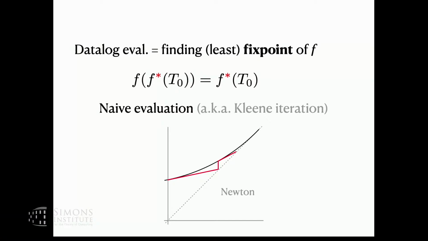The chances are this takes fewer iterations to converge than the naive iteration. So this is basically the idea of Newton's method.